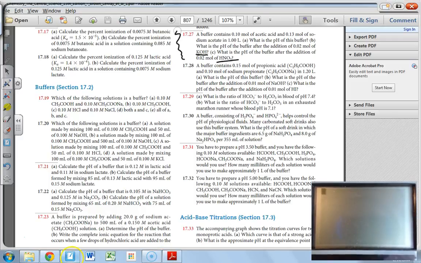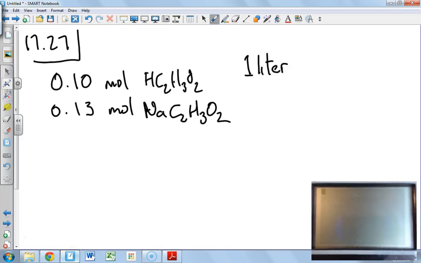So let's take a look and see what we got. For the first part of this problem, notice we're not adding anything to it. Because we're not adding anything to the solution, we can just do a weak acid equilibrium problem.